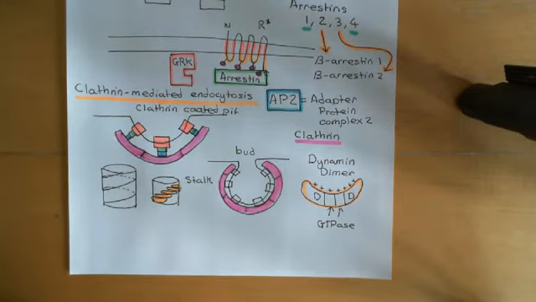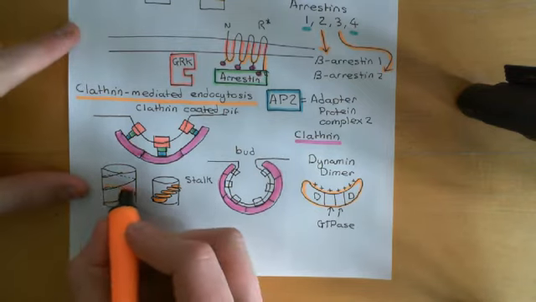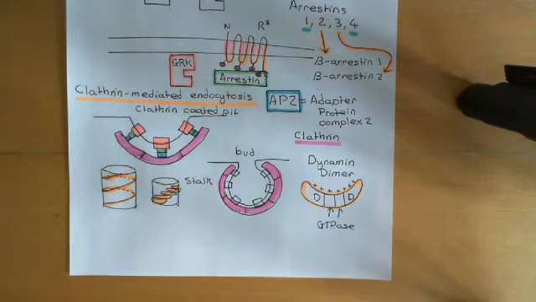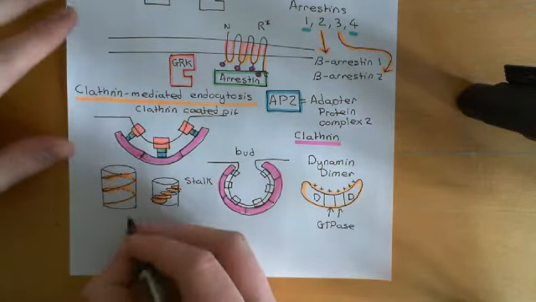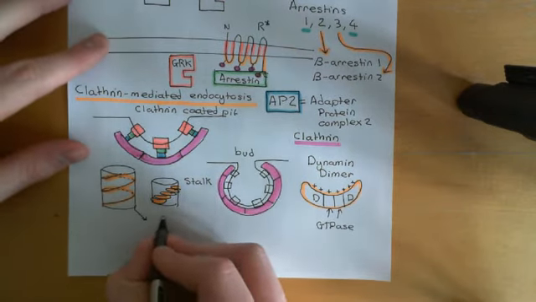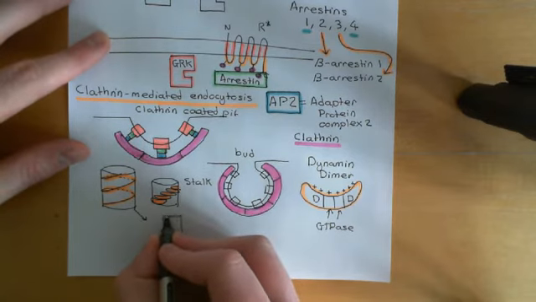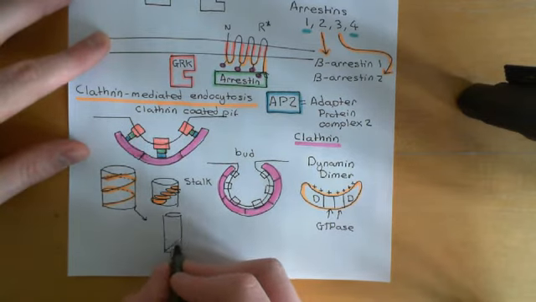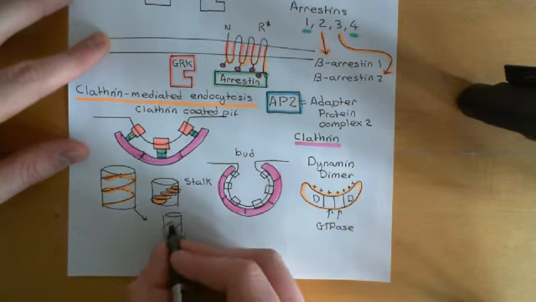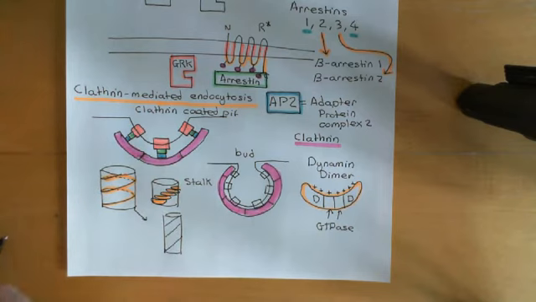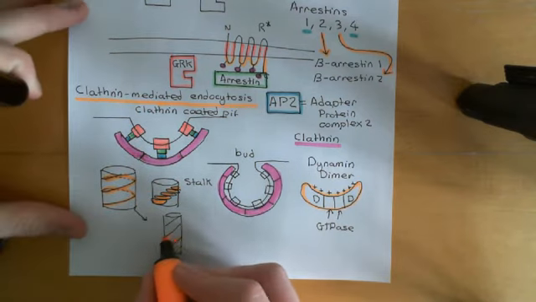Once this is assembled, it can then start hydrolyzing GTP to GDP and inorganic phosphate, and when it does that, the helix effectively constricts, and it's going to turn the stalk into something more like this, basically. So the helix constricts and it becomes much more steep. It ascends this stalk much more steeply.